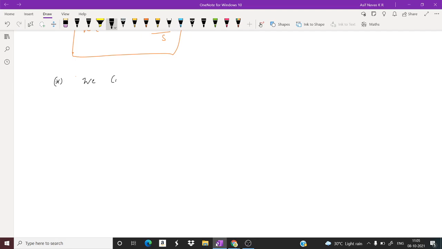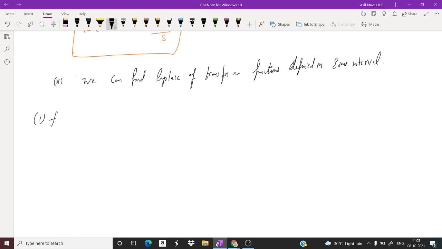We can find the Laplace transform of functions defined on some interval.